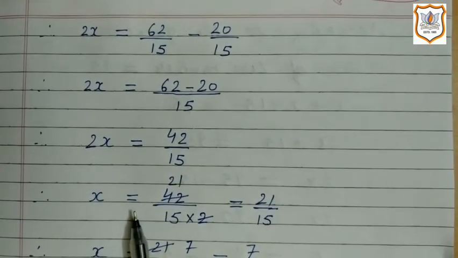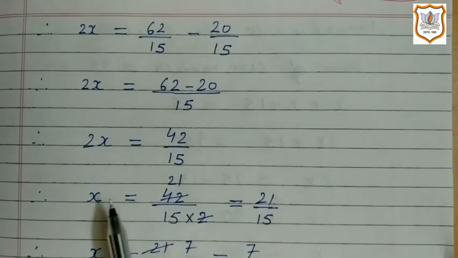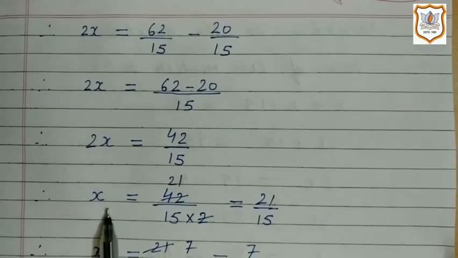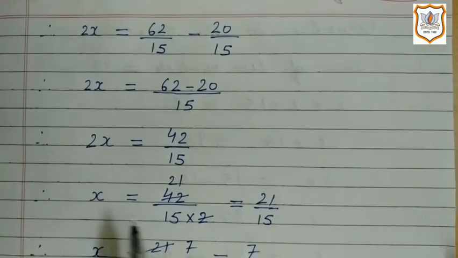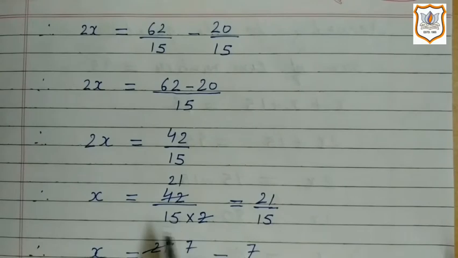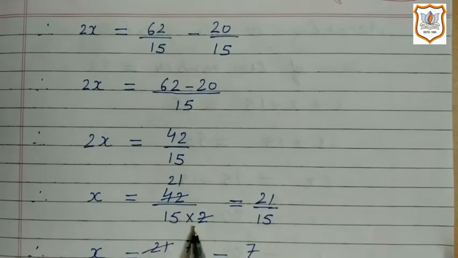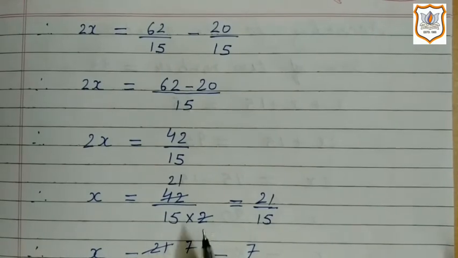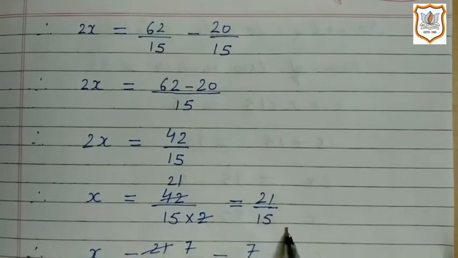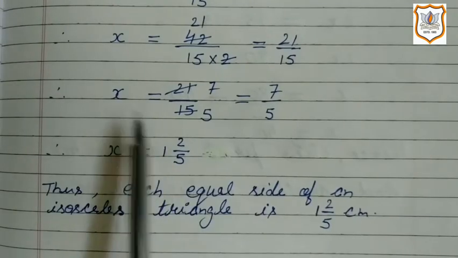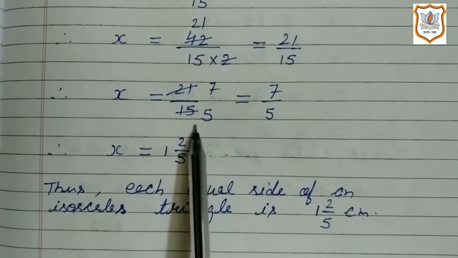X is equal to... here, 2x means 2 multiplied by x. We shift 2 to the right side. So we get x is equal to 42 upon 15 times 2, and we divide 42 by 2. We get 21. So we write 21 upon 15. X is equal to 21 upon 15.